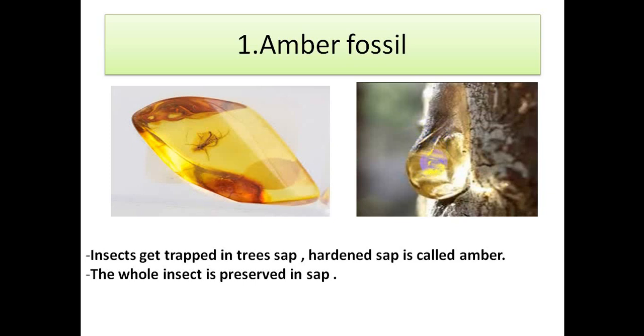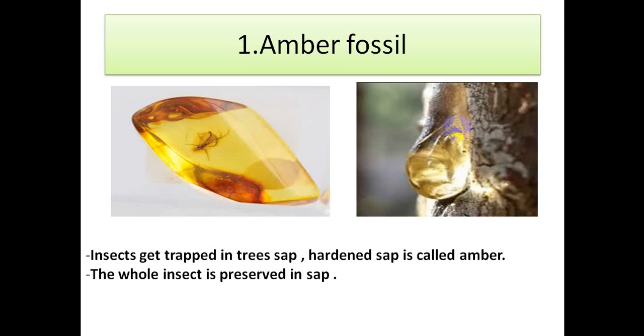So they die, and by the time the sap changes to hard rock and keeps the insect body inside. So insects get trapped in tree sap.